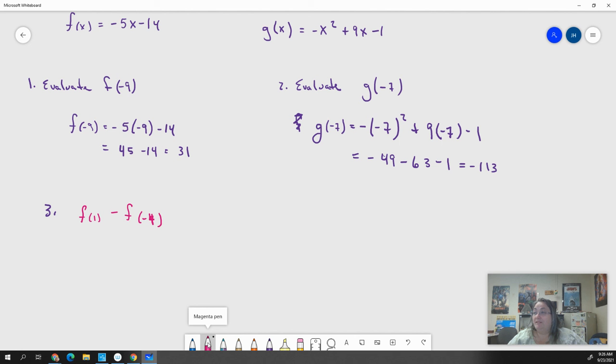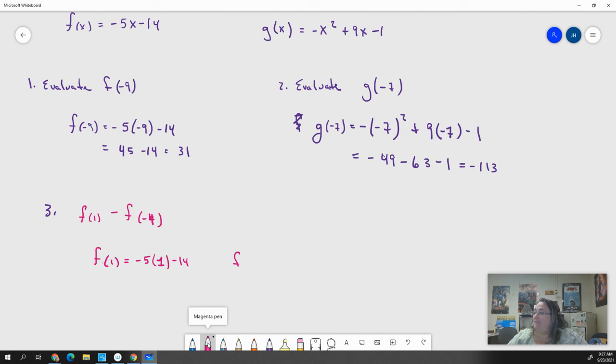It's a good question, right? Well, we can figure that out. We're just going to find our answers to those and subtract them. f of 1 equals minus 5 times (1) minus 14.